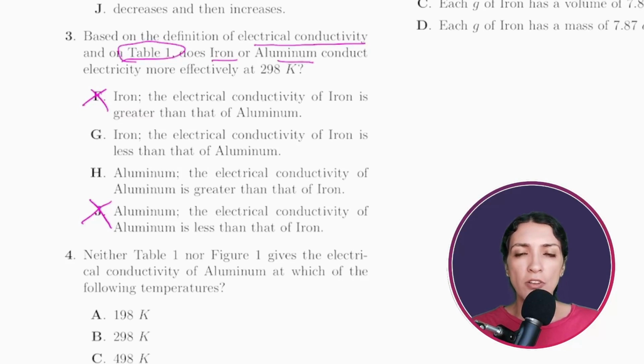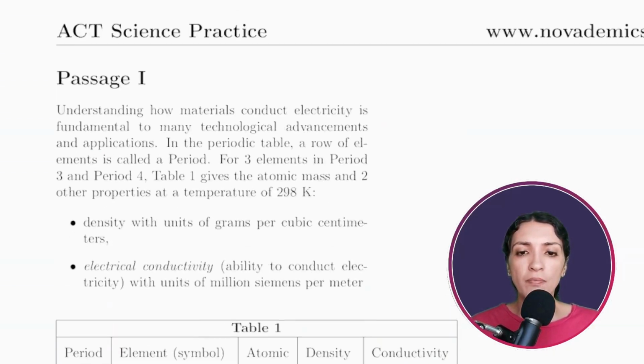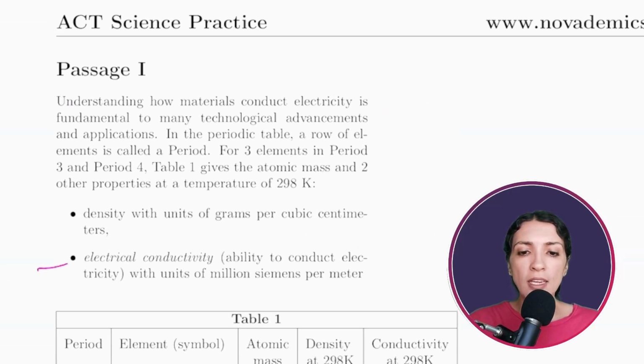But if you didn't know that, at this point, it's okay to look back at the passage and see whether the passage gives you a clue. So for this question, if you look at the second bullet, it was given that electrical conductivity tells us the ability to conduct electricity.